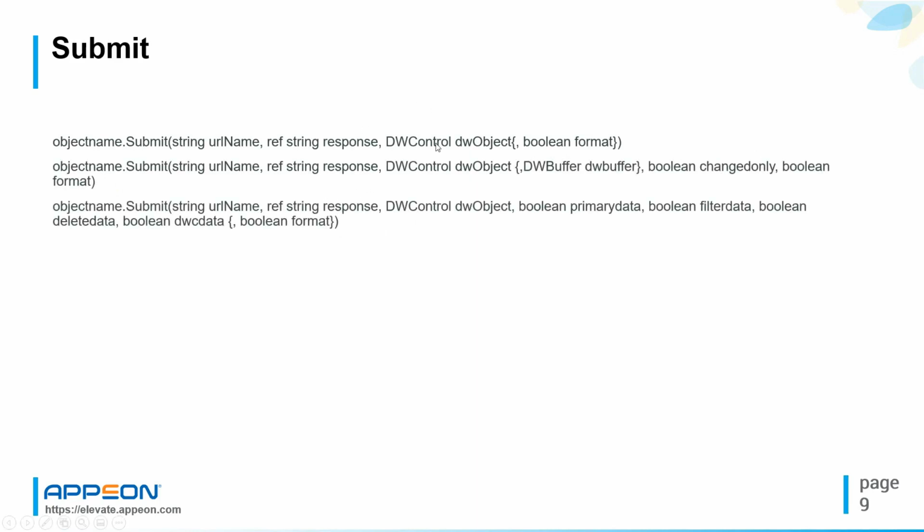All of them take the URL that you're posting to, the service you're posting to. The ref string response, the reason that's there is that's where you're getting the response back. Notice that you're submitting and getting a response in a single call, so that is different.